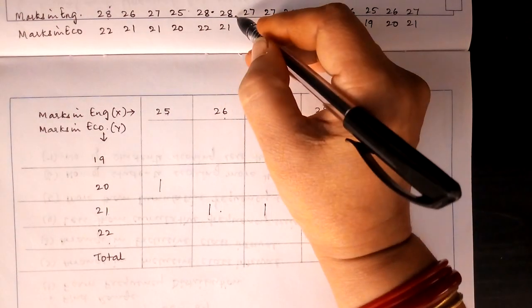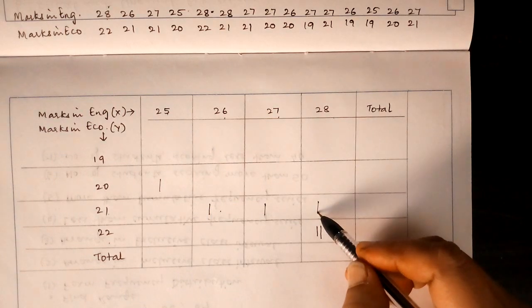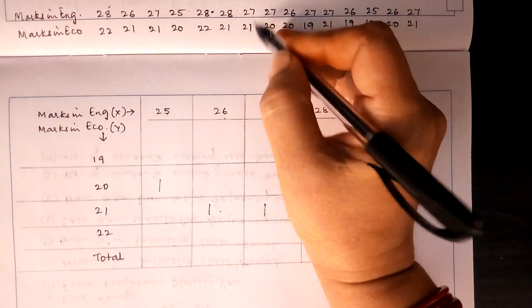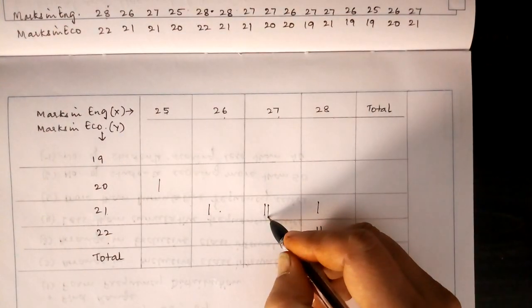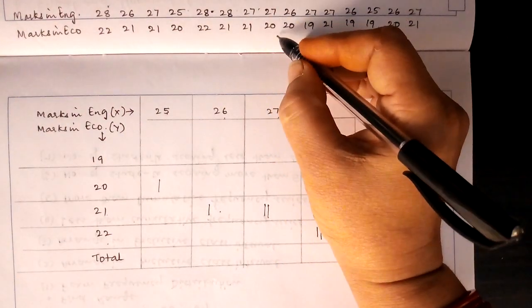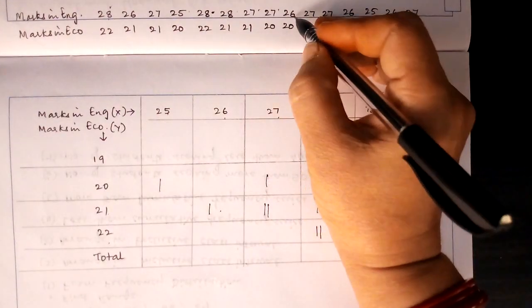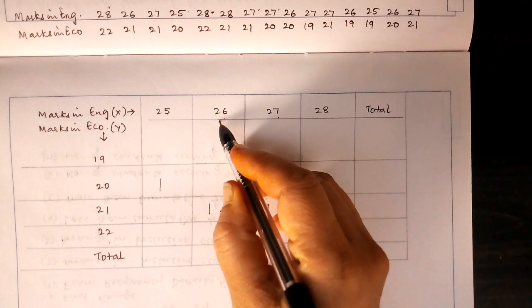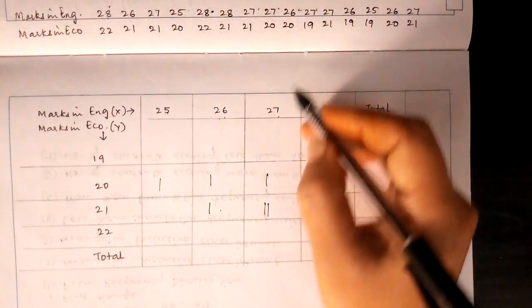Then 28 and 21. Then 27 and 21. Then we have 27 and 20. Then 26 and 20. Then 27 and 19.